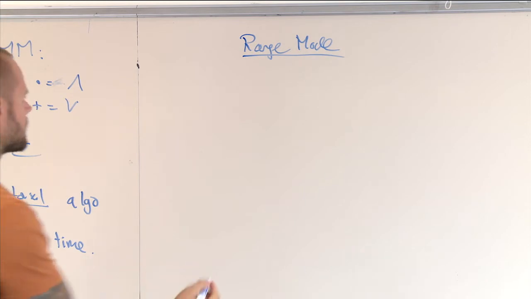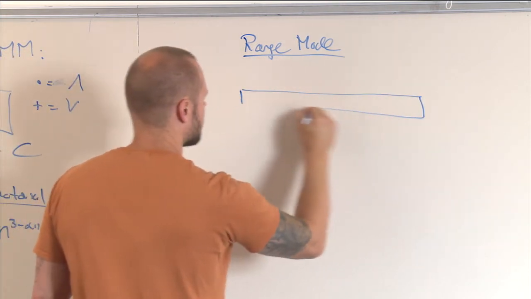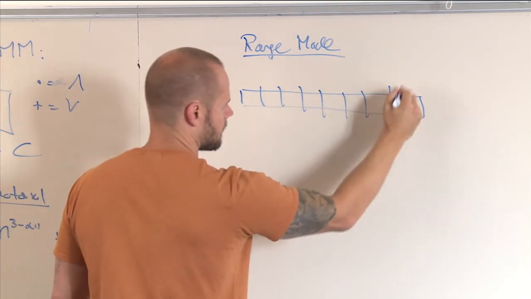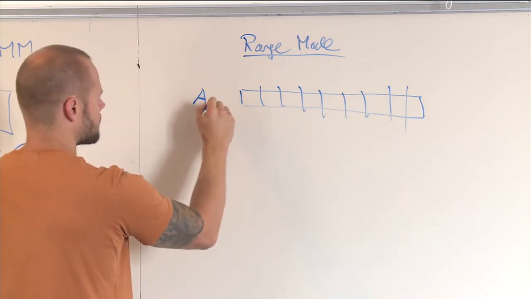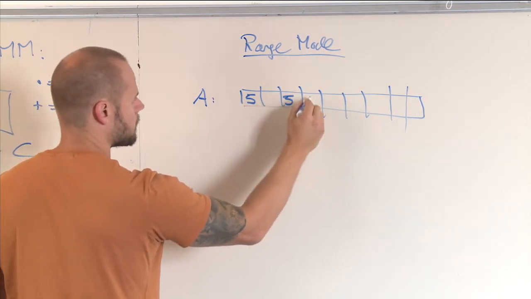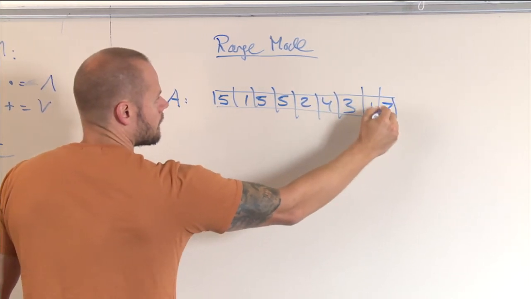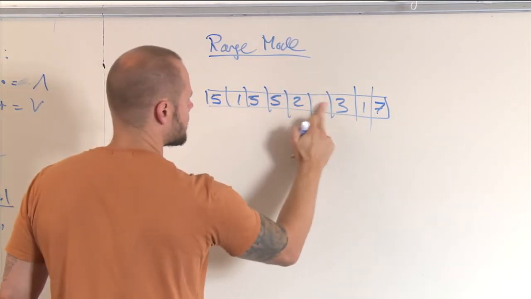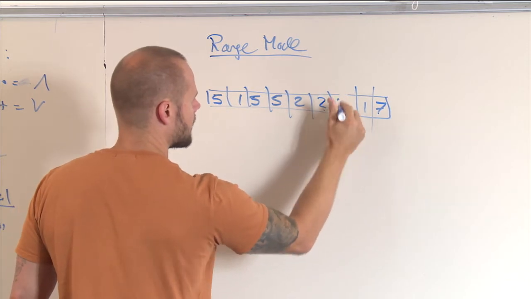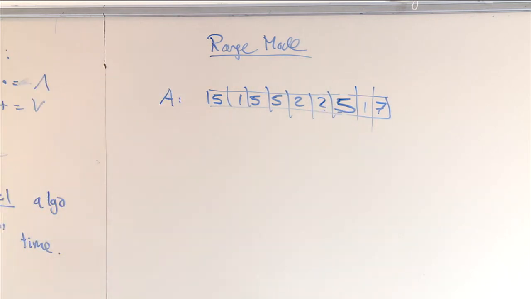So the input is an array of numbers, or integers. Think of them as labels or something like this. There are integers in the array, and some of them can occur multiple times. To make it interesting, let's say you have two 2s and another 5 here. So you have an array like this, and then you have to pre-process it into a data structure.